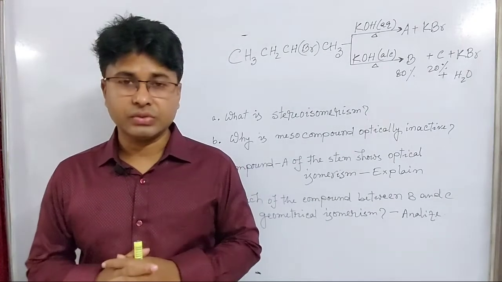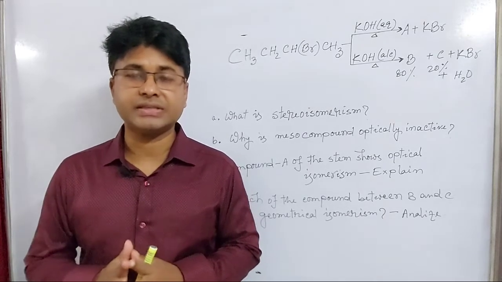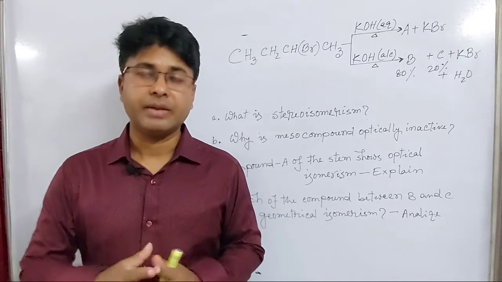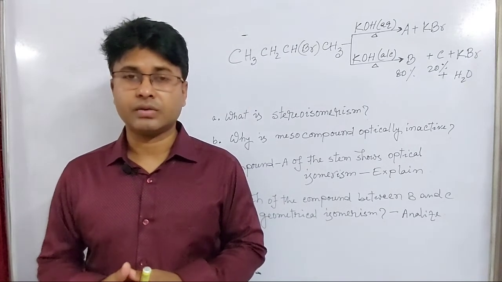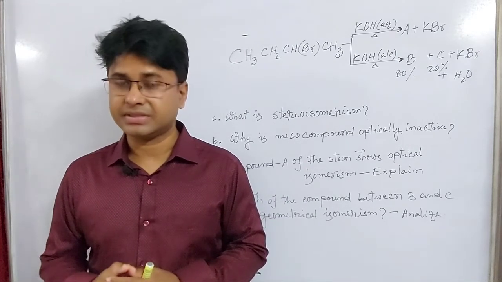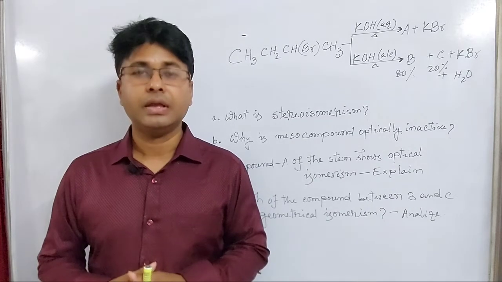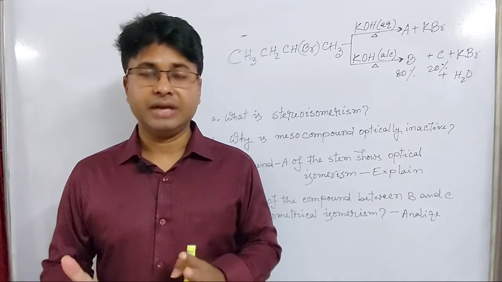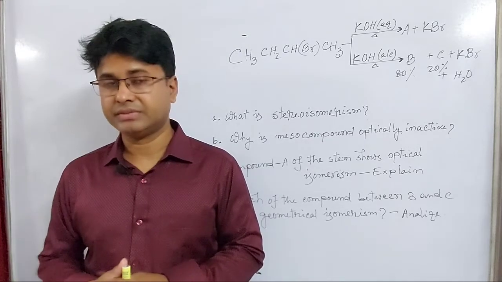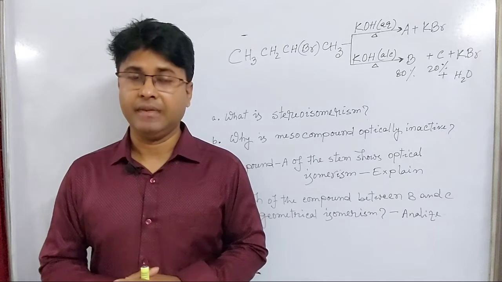Dear students, you know that the organic compounds which can rotate the plane polarized light clockwise or anti-clockwise are called optically active compounds, and there are 2 types of optical isomerism. One is dextroisomerism, and another is levoisomerism.